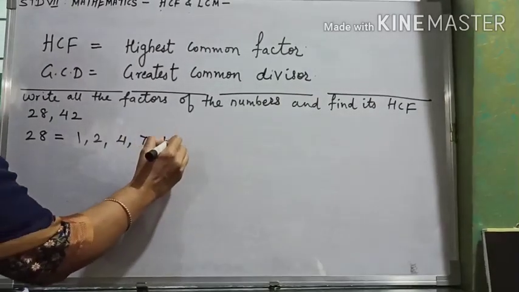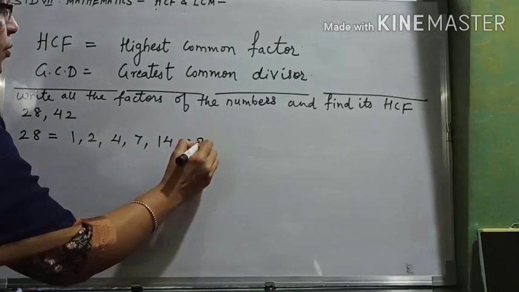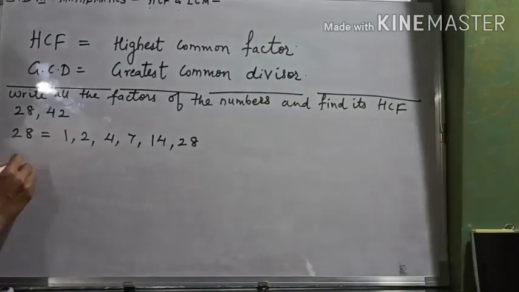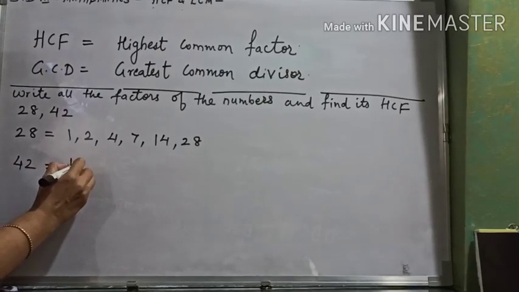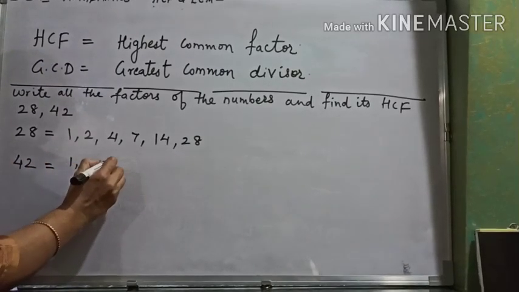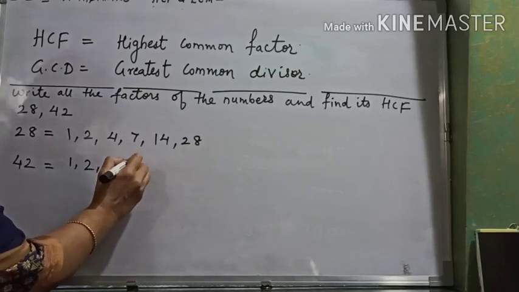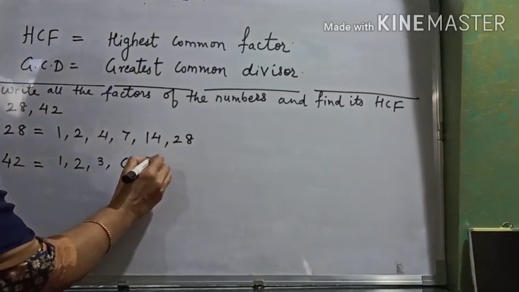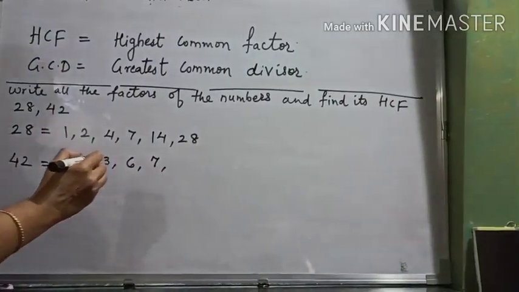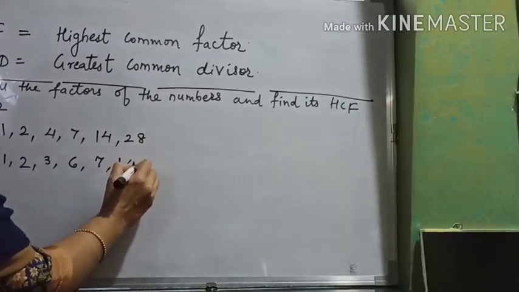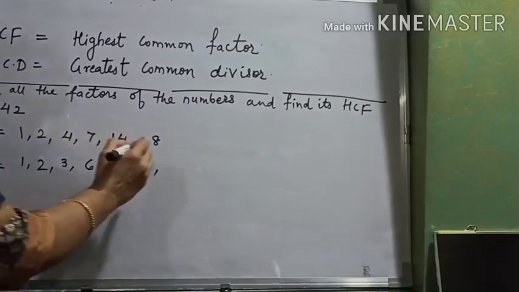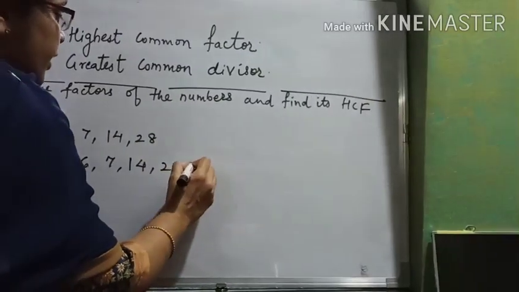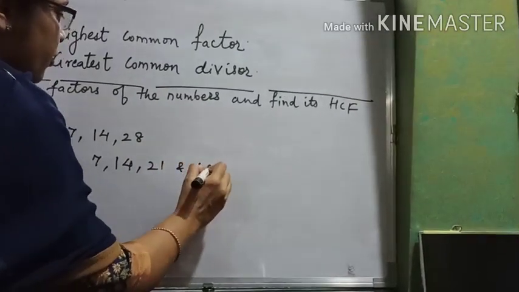Then it is divisible by 14, and last is 28. Divisors of 42 are 1, 2, 3. Then it is divisible by 6, 7. Then after 7, it is divisible by 14. Then 21, and the last is 42.